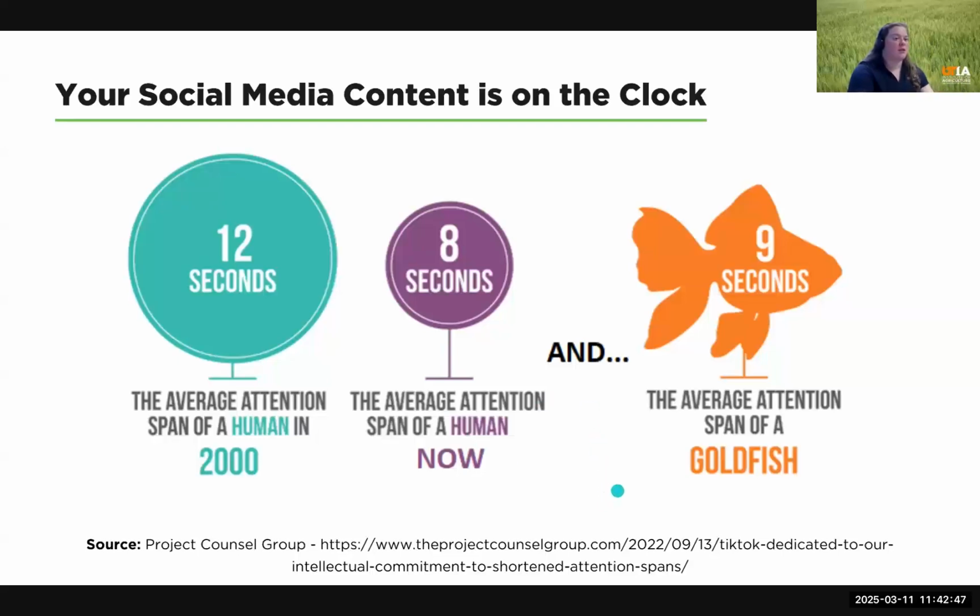And to put things into perspective, the average attention span of a goldfish is only 9 seconds. So the average attention span for humans is getting shorter, and you already know that you've got a limited amount of time to compete on social media with other posts or other brands to get your message across. Just think about that as we move forward talking about some of these other concepts.